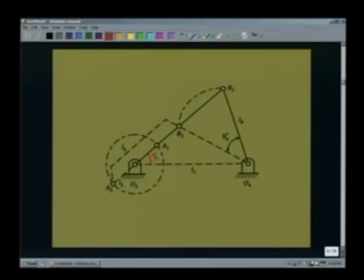Considering the triangle O2, O4, B1, I can write L4 squared is L1 squared plus L2 plus L3 whole squared, minus twice L1 into L2 plus L3 into cosine of the angle chi.